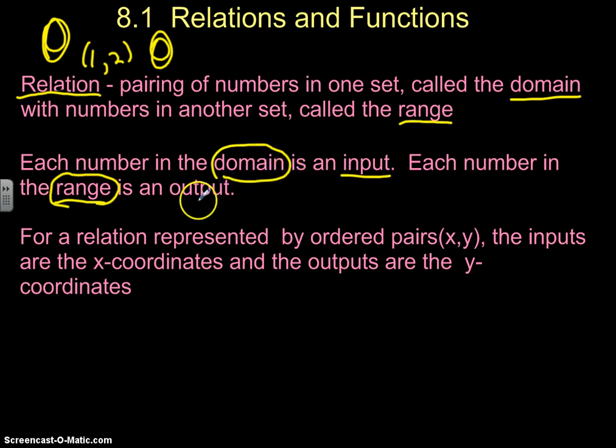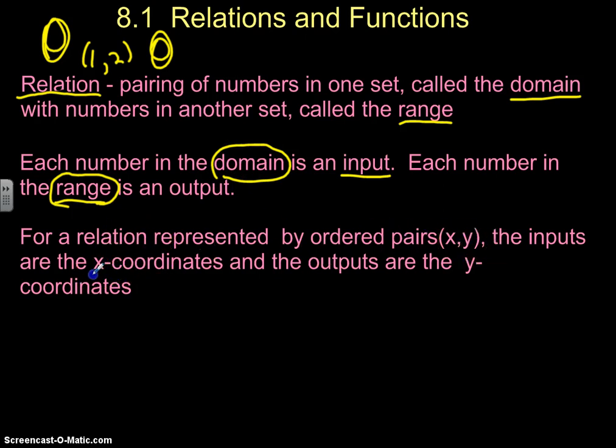That's what you'll also hear me talk about, dependent and independent variables. The range is dependent on the domain. This is independent. Domain is something we choose. The range is something that happens because of the domain. We'll see that later. For a relation represented by ordered pairs (x, y), the inputs are the x coordinates.